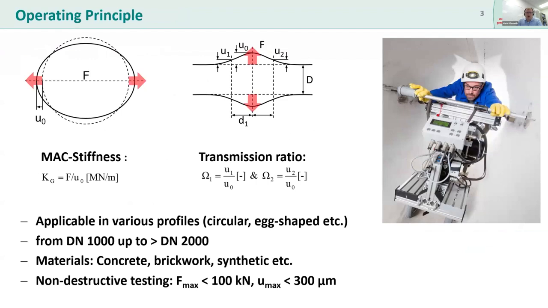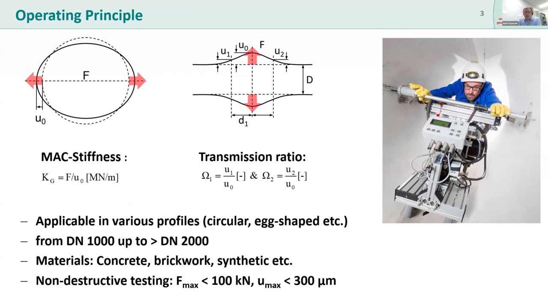The operating principle is actually very easy. The whole thing basically consists of a hydraulic press that is installed in the sewer system and is pressing into the sides of the sewer, which you can see here in the working principle. What is being measured is force over displacement, some kind of stiffness of the overall system: the structure itself and the surrounding soil all together.